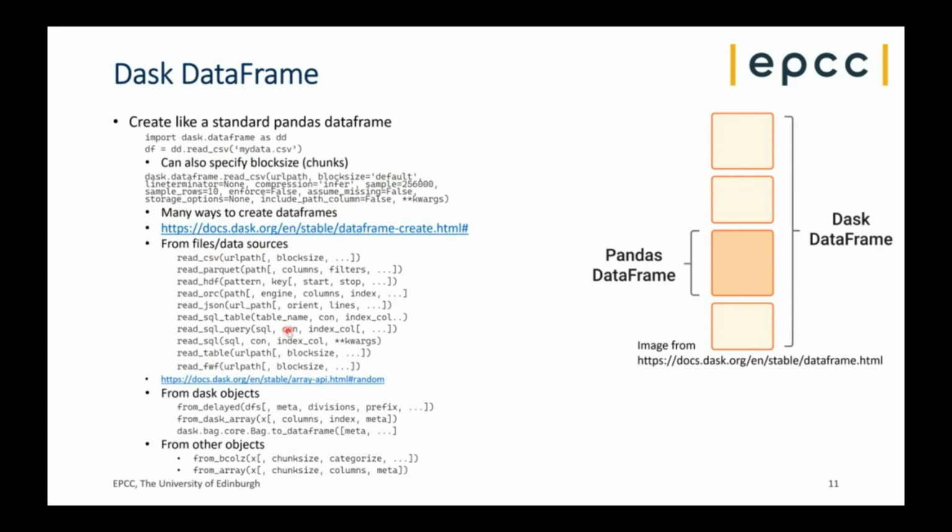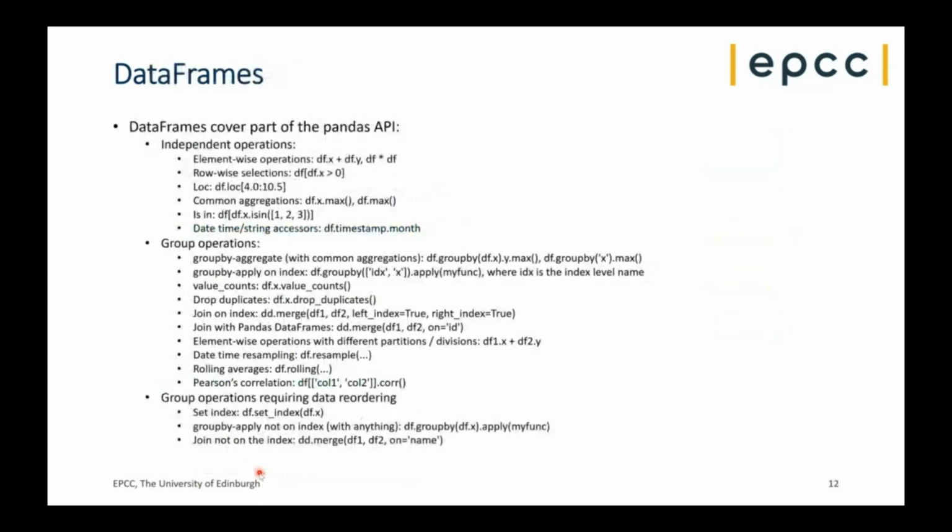And just as you have in Pandas, there's lots of different functions to read your data frame in from files and data sources. We can create it from Dask arrays or from delayed objects or from bags, and from other objects as well. Now a data frame, again, just like the Dask array functionality, supports most of Pandas, but not all of it.